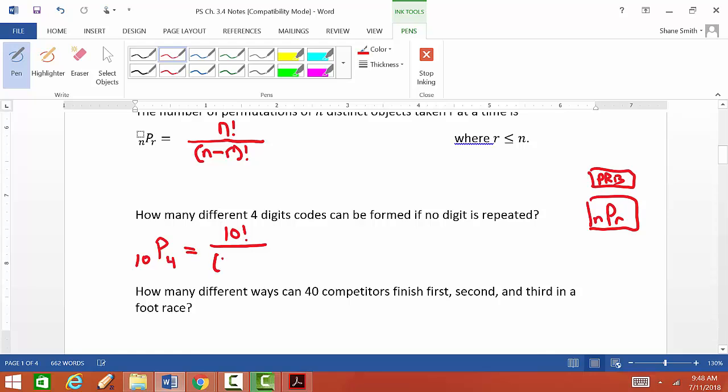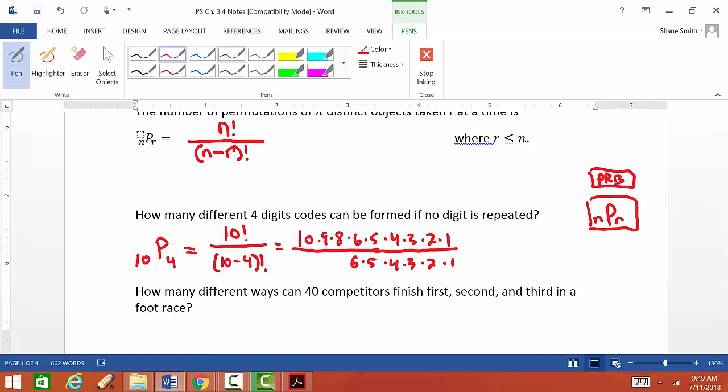So 10 factorial over 10 minus 4 factorial. We'll go old school here for a minute because the factorials are fun to mess with. So this is 10 factorial, and this is why they're fun to mess with. Because if you do this by hand, that's the top. 10 minus 4 is 6, so this is 6 factorial.